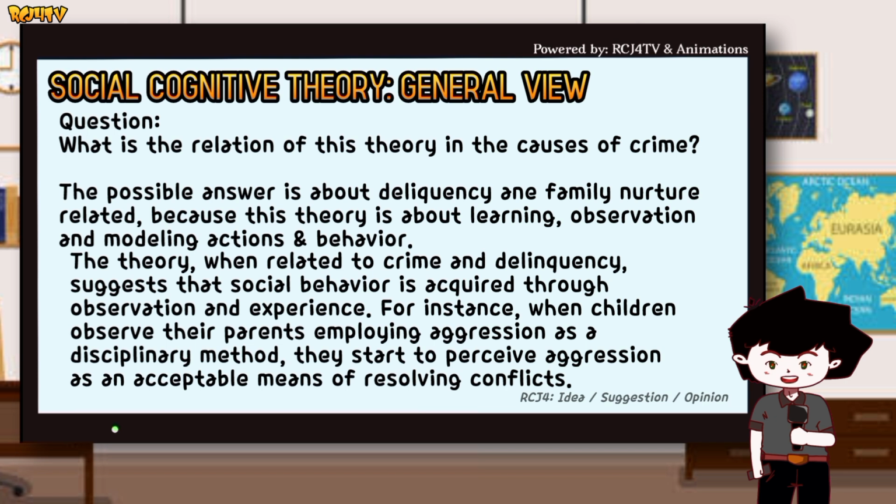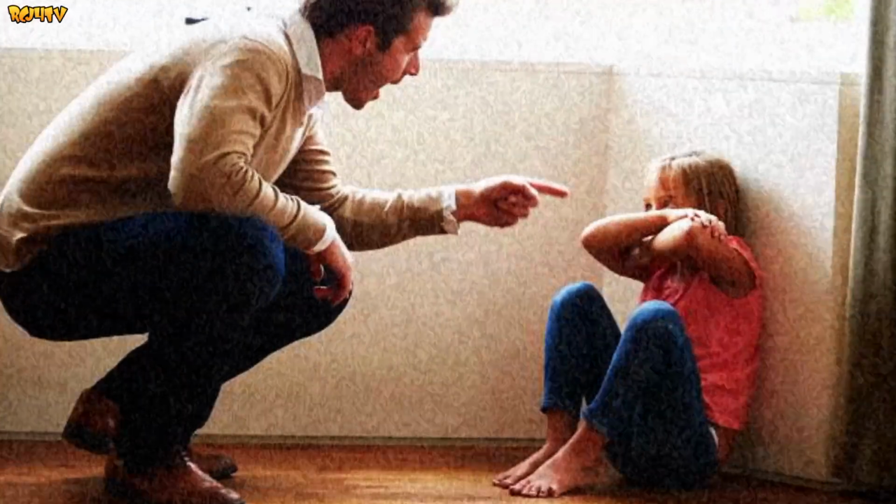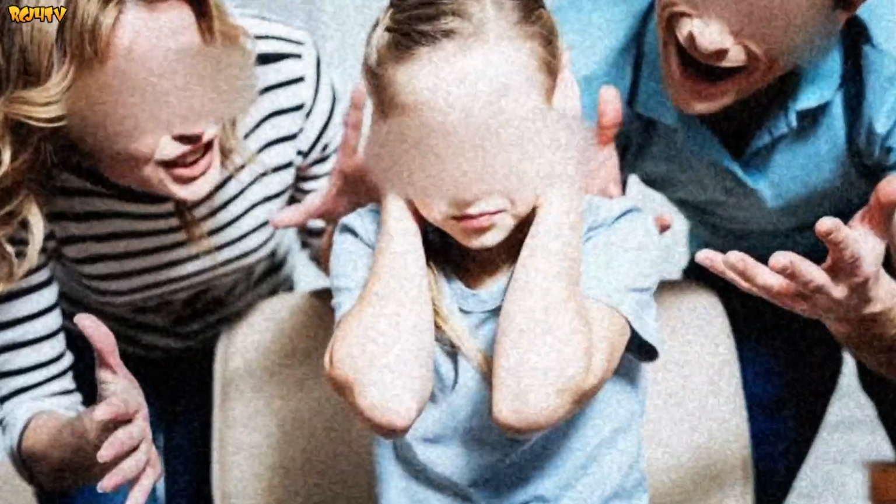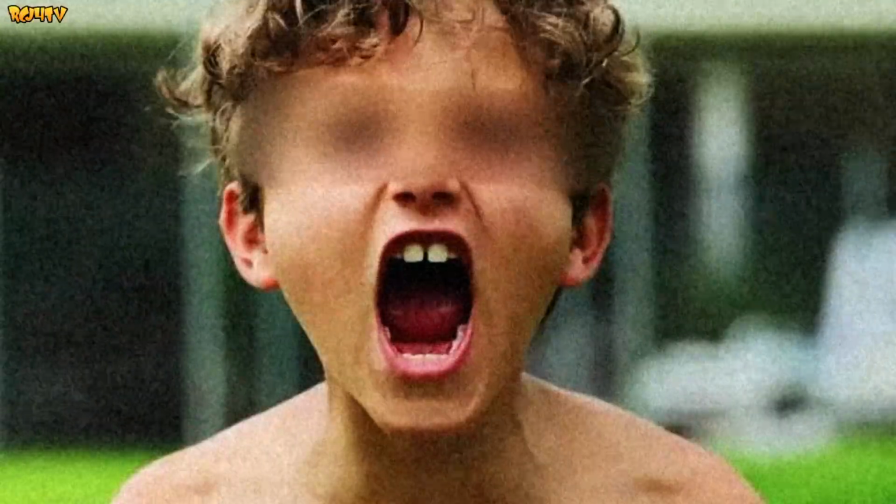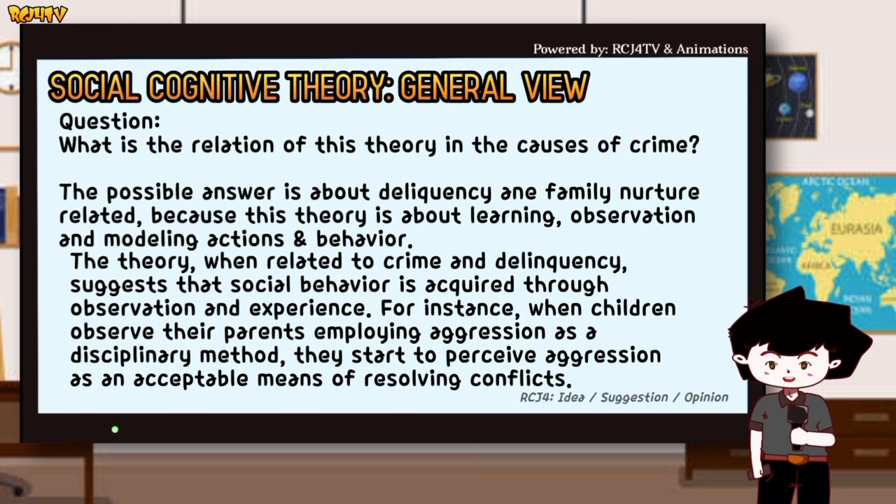For instance, when children observe their parents employing aggression as a disciplinary method, they start to perceive aggression as an acceptable means of resolving conflicts. Anyways, there are many studies and theories that prove that criminal behavior is learned from others by means of observation, imitation, interaction, and other things related to cognitive learning phases.